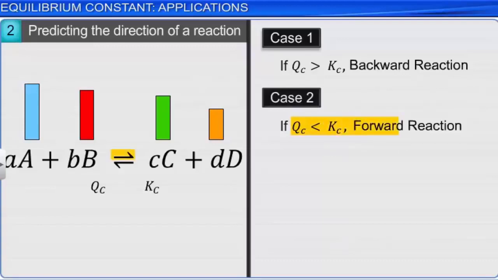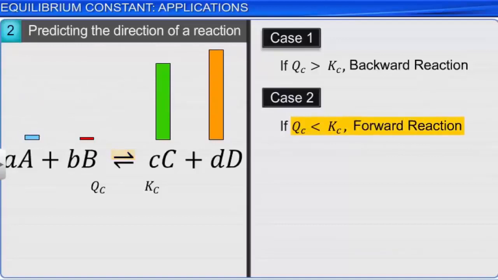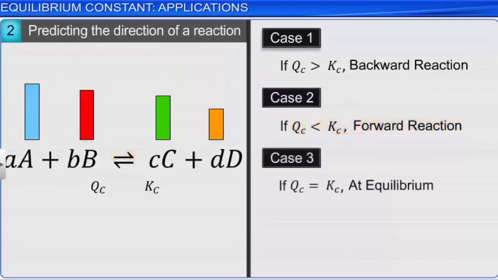That is, the reaction proceeds in the direction of the products. If Qc is equal to Kc, the reaction mixture is at equilibrium. Thus, we can predict the direction of a reaction with the help of its reaction quotient and equilibrium constant.